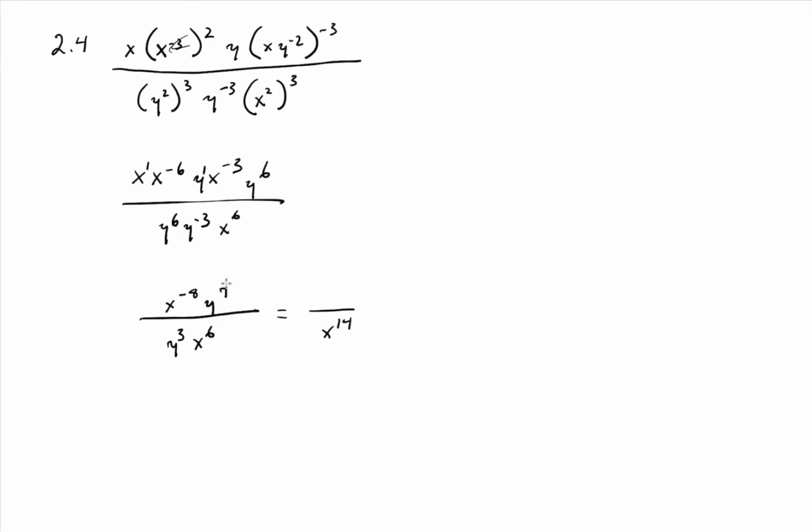And we note that the exponent is bigger on top, so we'll bring the smaller exponent up to the top, which would make that a -3. 7 minus 3 is going to be 4, so it'll be y to the 4 on the top and x to the 14 on the bottom. Okay? Easy peasy, y'all can do this. So we went from here to here, and that's the right answer.